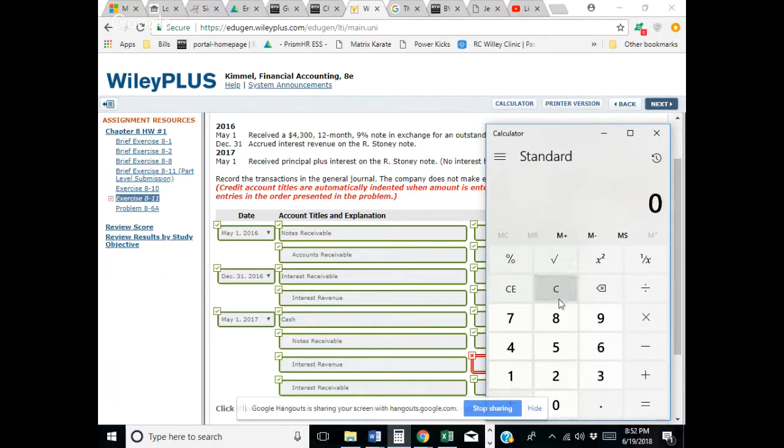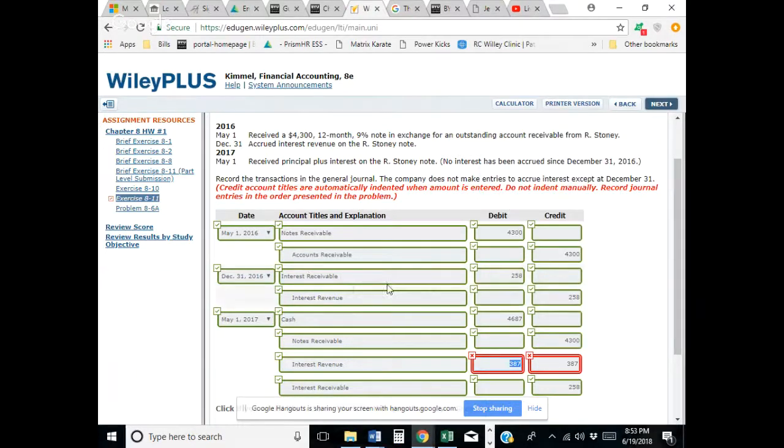To explain: 4,300 times 0.09 for 9% gives us $387. That's how much interest will be accrued for the entire year. But we're accruing this for 8 months, so we multiply by 8 divided by 12, which is $258. So we debit interest receivable for $258. The next one is interest revenue. We credit interest revenue for $258.